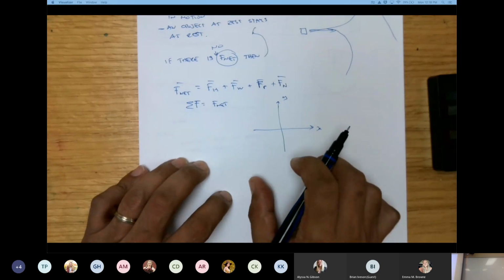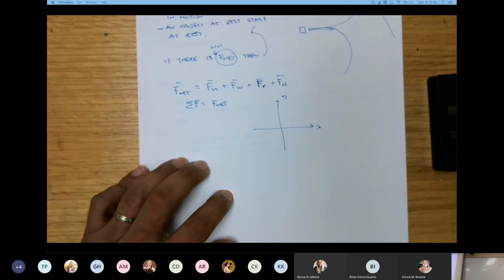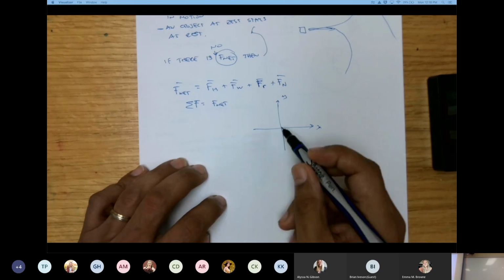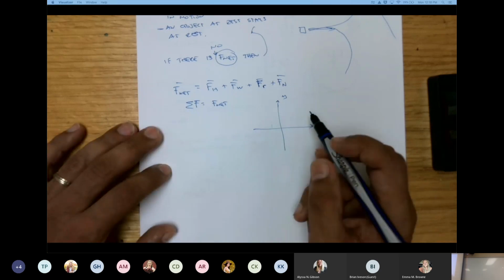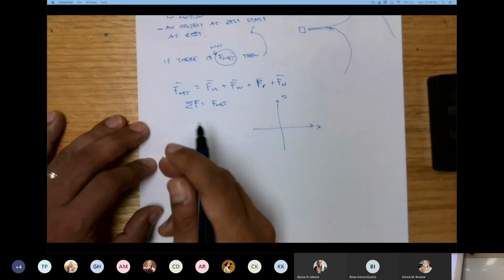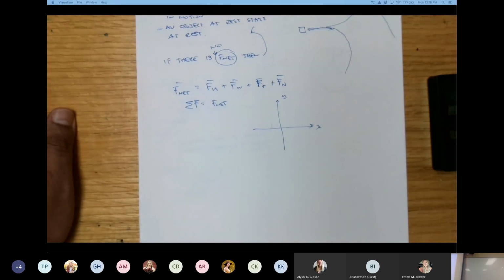Right now, because we're just learning how to manipulate the forces, we're going to create a simplified model of the phenomenon that we want to study. So instead of drawing my book here and my frame of reference, I'm going to ignore the geometry of that object, and I'm going to replace it with a single point, a particle, if you wish.